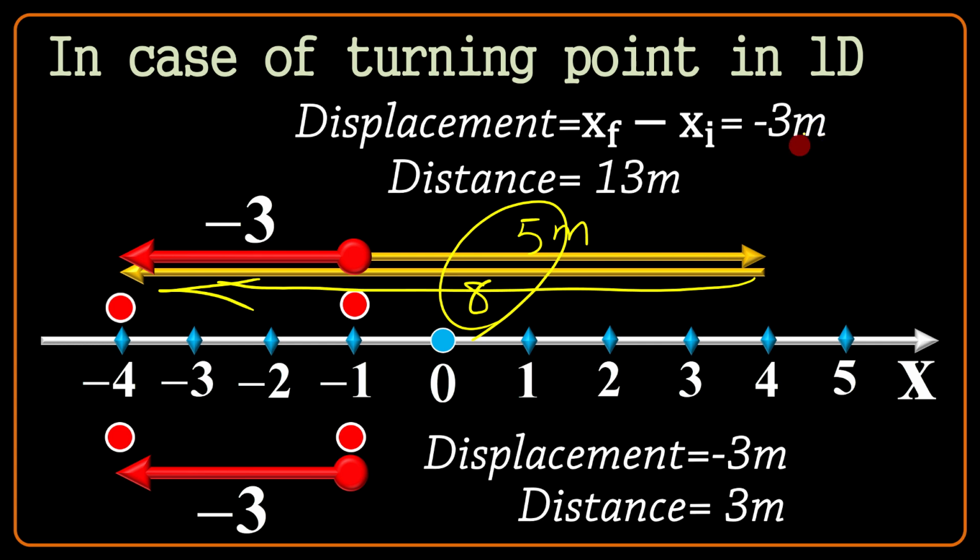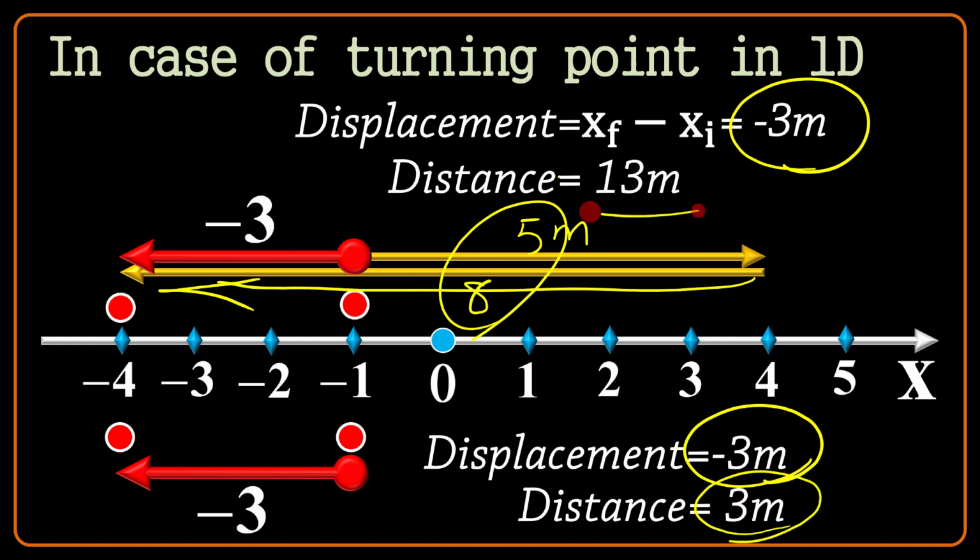As you see, -3 and -3 are the same. So the displacement of these two journeys is the same, but they have different distances traveled. It's very important. So when two objects have the same displacement, you can't say they must have the same distance traveled. They might be different.